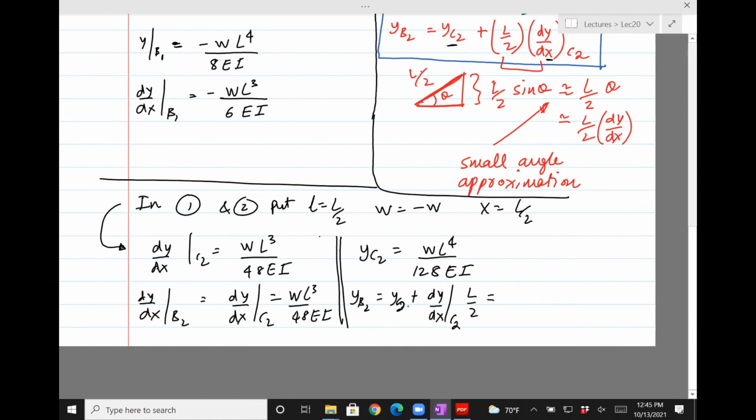If I do the math on this, it comes out to be 7 times WL raised to 4 divided by 384 ER.